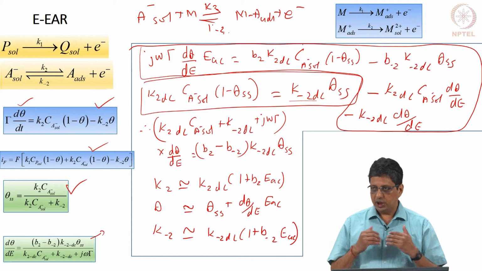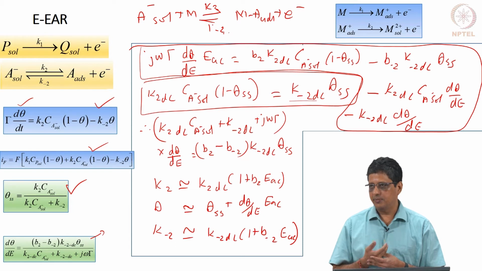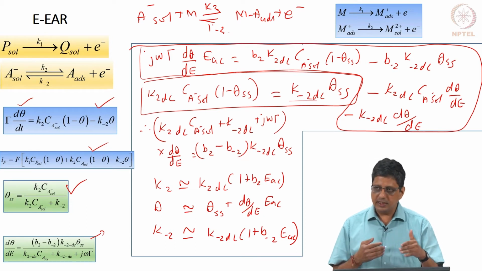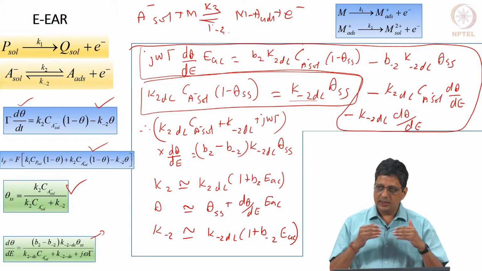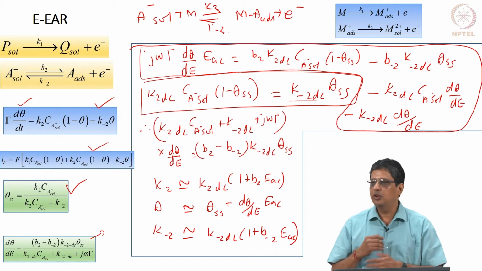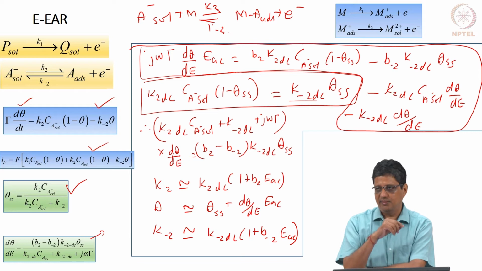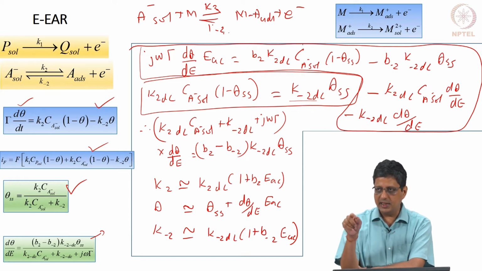When potential changes, K2 will change, K minus 2 also changes. Now, in this case, K2 is going to increase when the potential increases, K minus 2 decreases. So, the change is not the same, it is in fact in the opposite direction. So, what would happen to the emerging fractional surface coverage? It is not going to remain constant when I apply an AC, it is going to show an oscillation, it is going to increase and decrease.